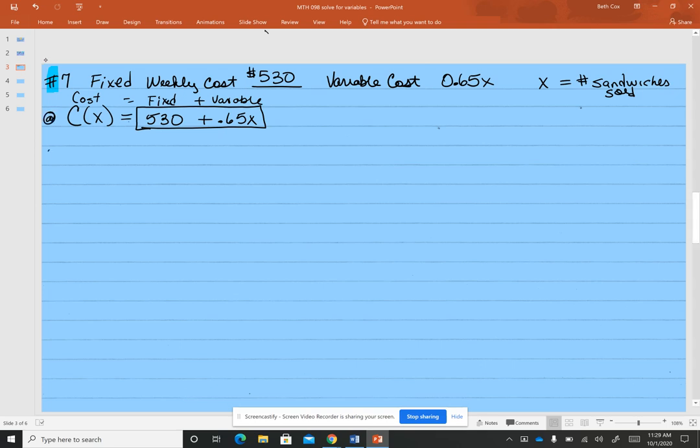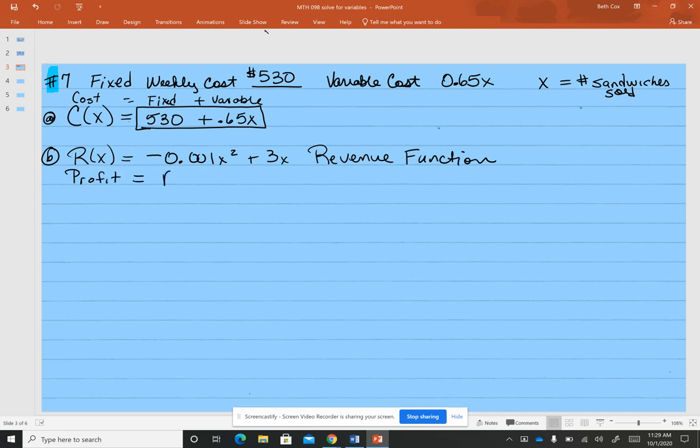That's part A. In part B, it introduces us to a revenue function. It gives us this function; we don't have to come up with it. Revenue is the amount of money that comes in. In part B, it wants us to come up with the profit function. Profit is revenue minus costs.